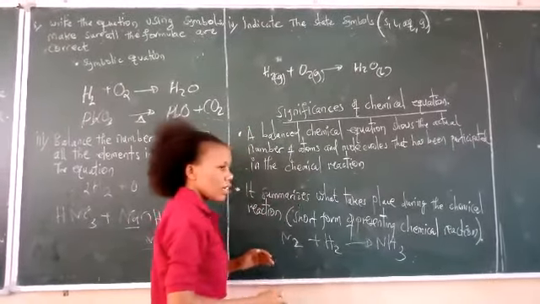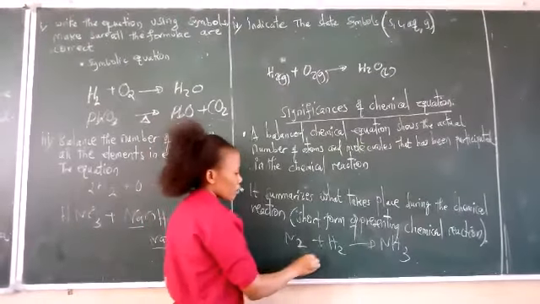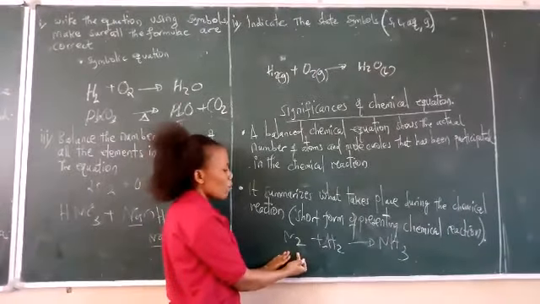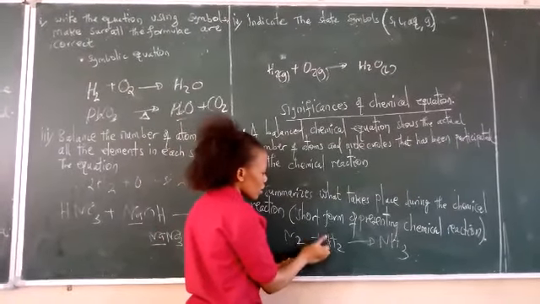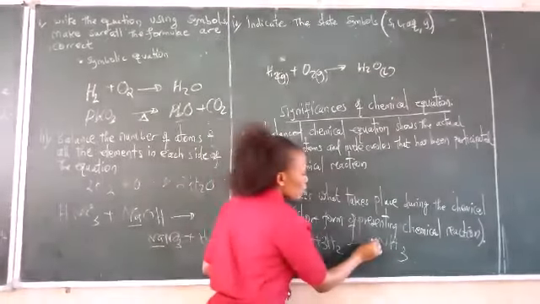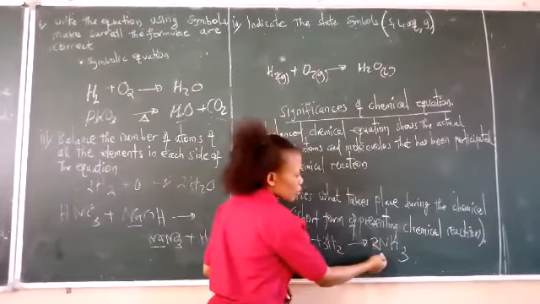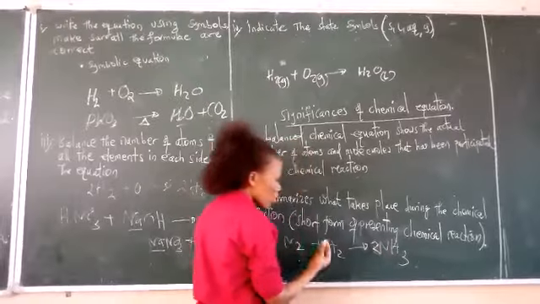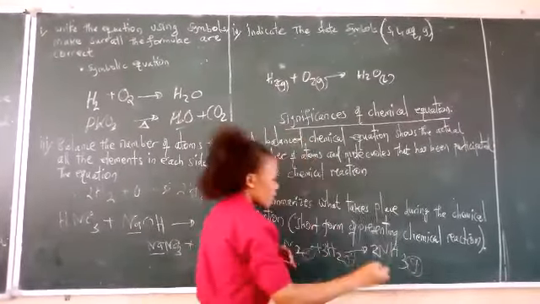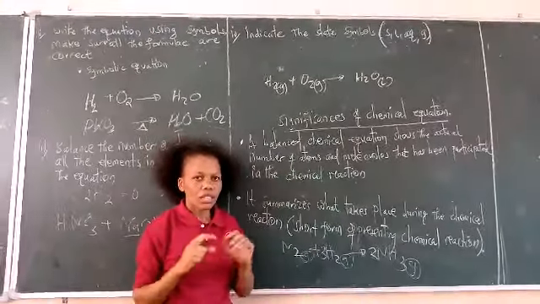So we can summarize what takes place. You will see that 1 nitrogen molecule would react with 3 hydrogen molecules to liberate 2 molecules of ammonia gas. And all these are in gaseous form. So it summarizes what takes place during the chemical reaction.